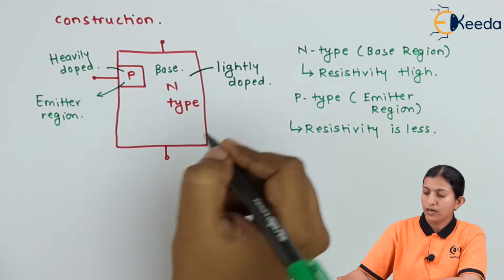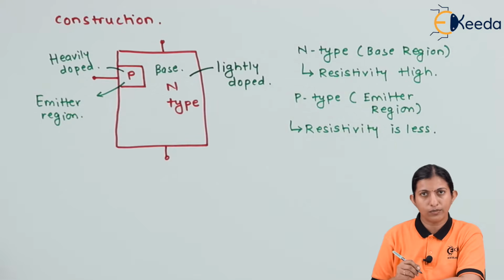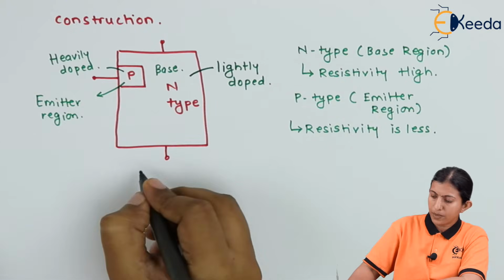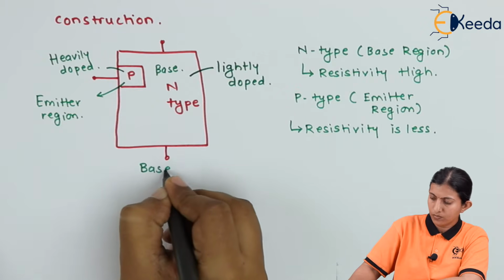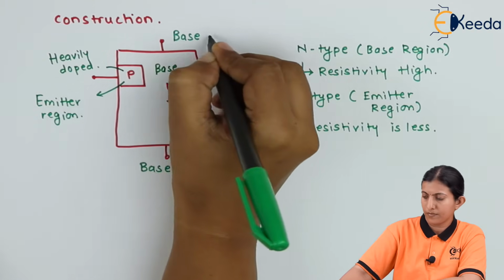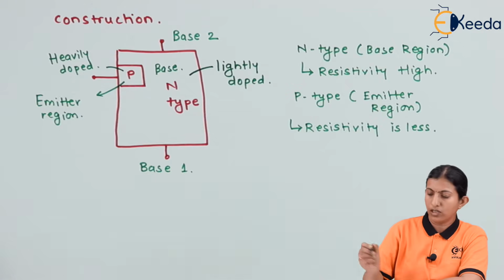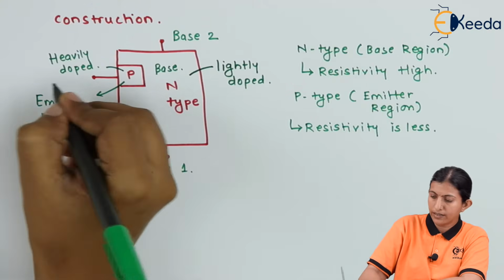Now from the base region, two terminals are taken out, that is base 1 and base 2. And from the emitter region, one terminal is taken out, that is emitter.